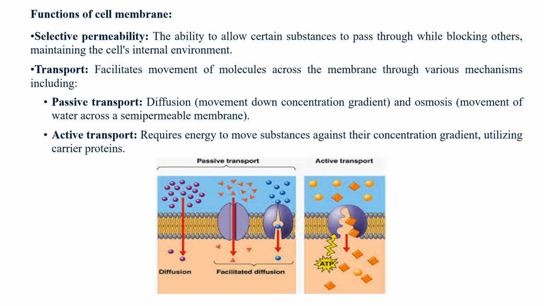As you can see in this image, active transport requires the ATP energy molecule to transport the molecule across the cell membrane, while passive transport is based on the concentration gradient. One is diffusion and another is osmosis. Diffusion is the transport of molecules from higher concentration to lower concentration, while osmosis is the movement of water molecules across a semi-permeable membrane.